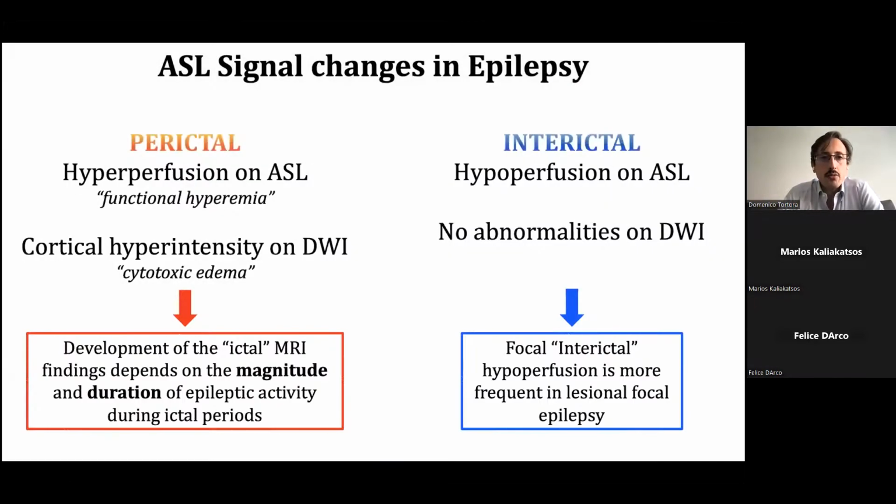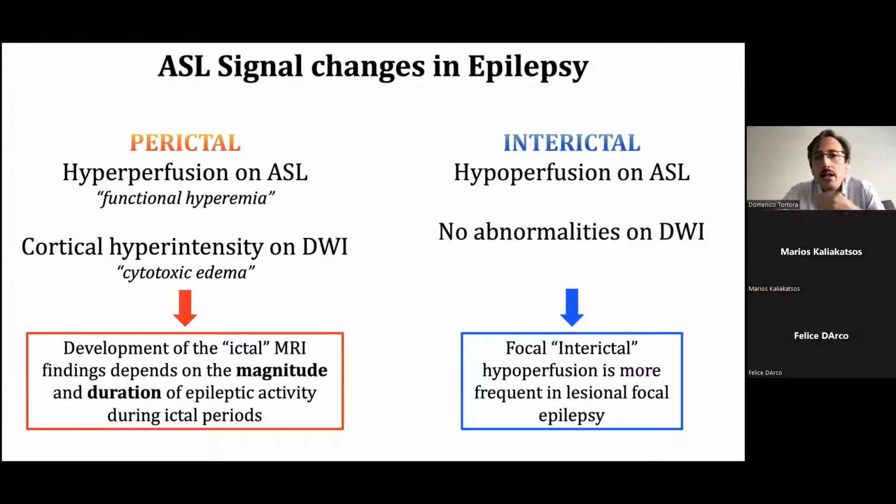So as a general rule, if you perform a perfusion study during the periictal stage after epilepsy and seizures, we usually observe the hyperperfusion on ASL. And it is a sort of functional hyperemia to compensate for the intense activity of neurons in the affected area.